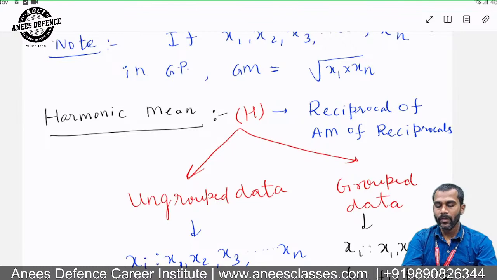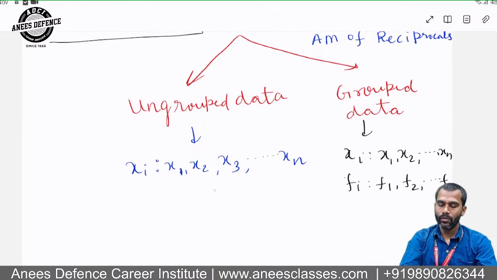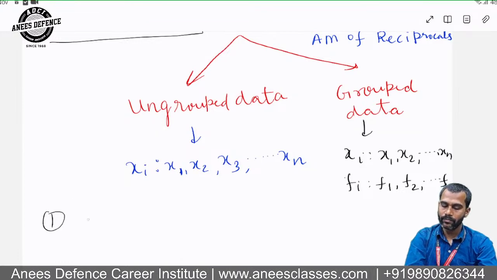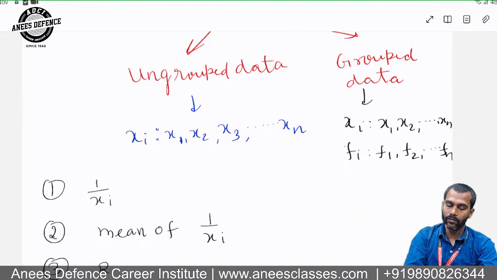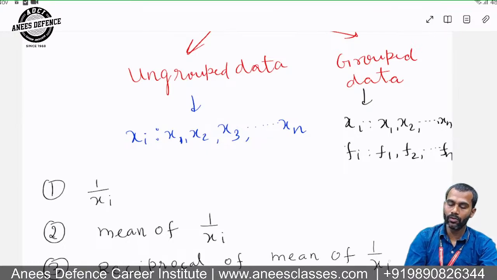Yes or no? So I hope you understood what we have to do. First step is 1 upon xi. The second step, find the mean of 1 upon xi. And then the reciprocal of the result: reciprocal of the mean of 1 upon xi. Yes or no?